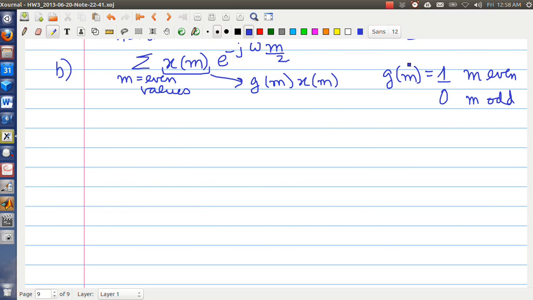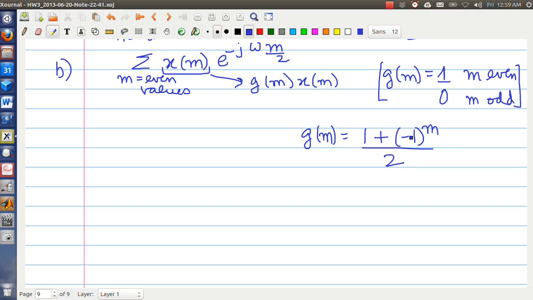So how can we write such a function g of m which is 1 for an even number, 0 for an odd number? Such a g of m is given by 1 plus minus 1 to the m, over 2.